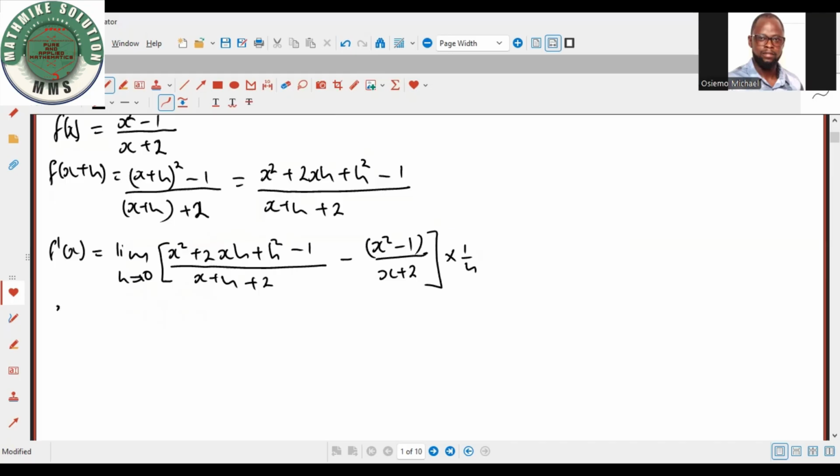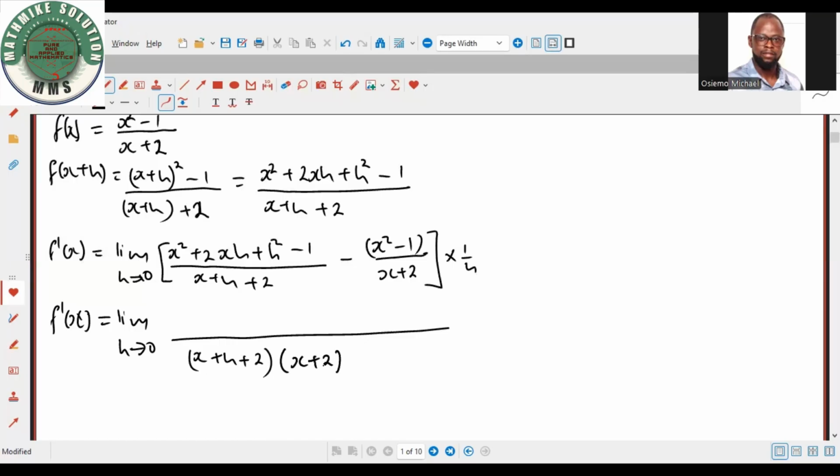Therefore, we have f prime of x equal to the limit as h tends to 0. The LCM will be the product of x plus h plus 2 and x plus 2.